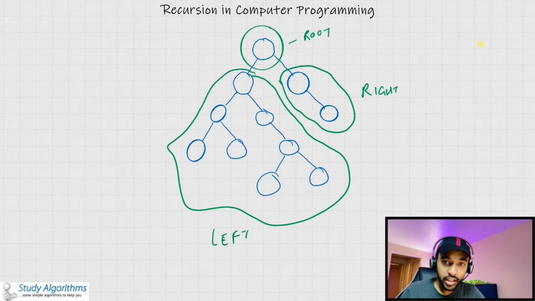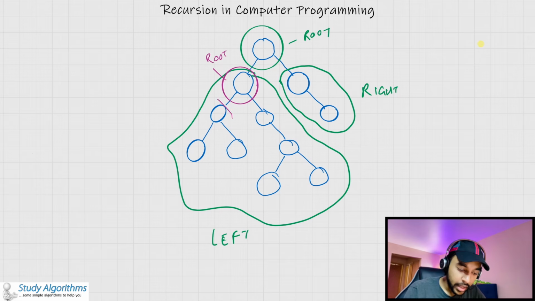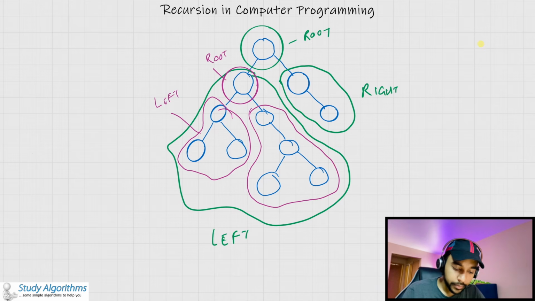Even all the smaller trees in this structure, you can find this repeating property again. So this smaller tree has a root, it has a left tree of its own, and it has a right tree of its own. Thus, you would find that a lot of problems that involve binary trees can be solved using recursion very easily. We will discuss more on that later.